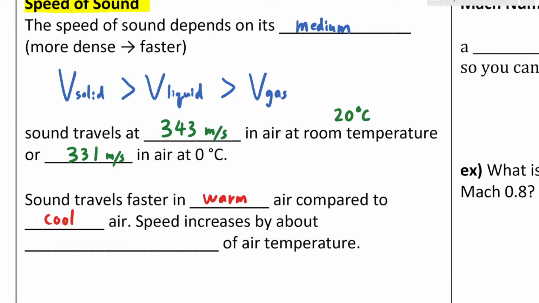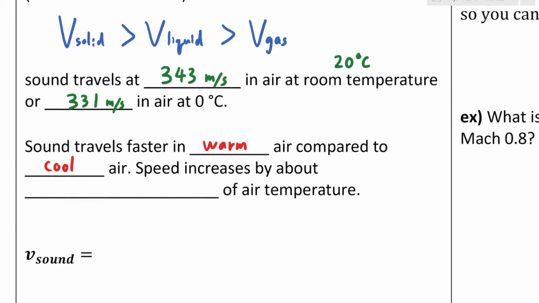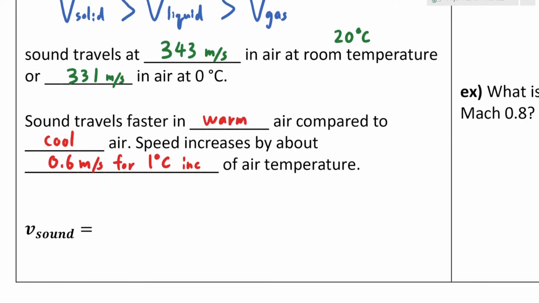The speed increases by about 0.6 meter per second for every 1 degree Celsius of temperature increase. So every time the temperature goes up by 1 degree Celsius, the speed of sound goes up by 0.6 meter per second.